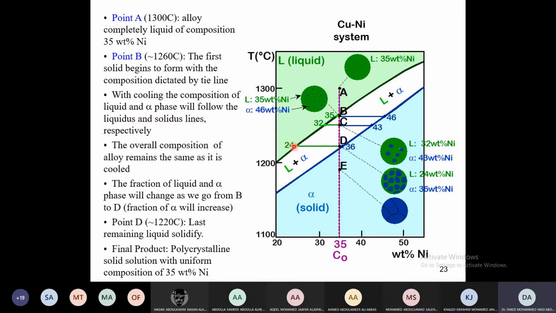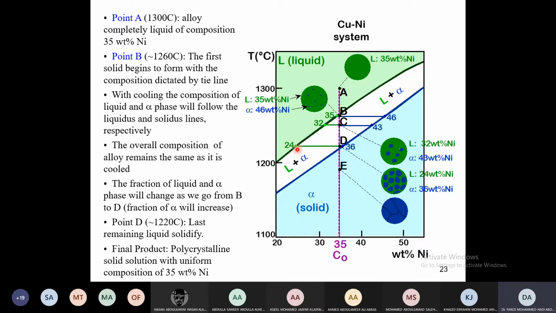If we draw the tie line, it has a composition of this much, which is 24. Of course, that 24 is read from there. All the readings are taken from here, 24%. All the readings which we are mentioning, you just drop a vertical like this and do the reading there.